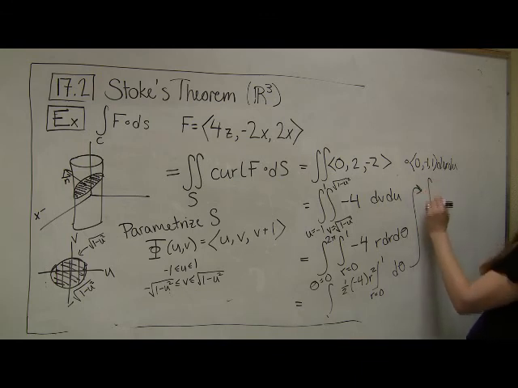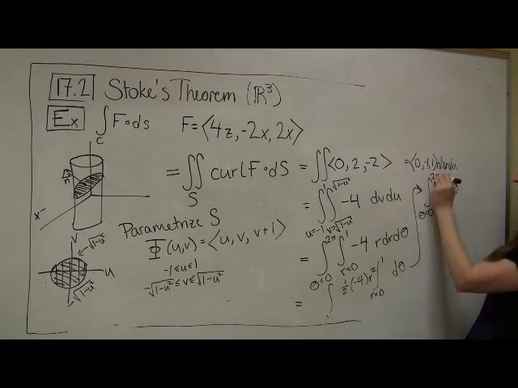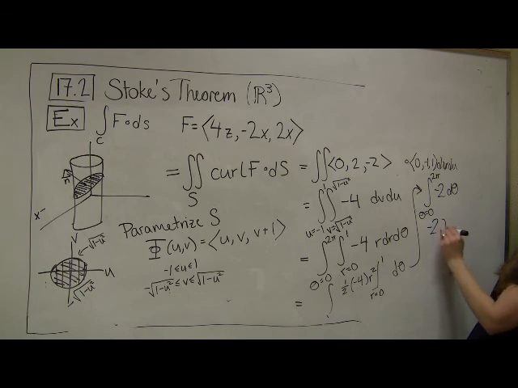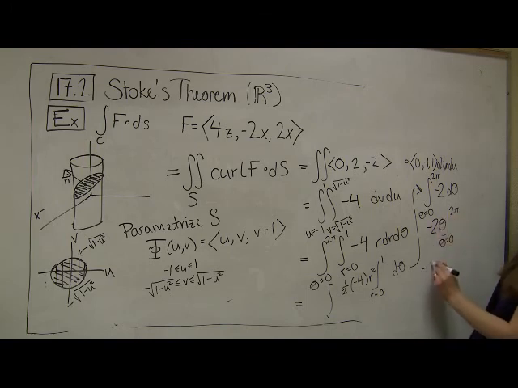Finishing off, we see that finally we have the integral of -2 d theta, as theta goes from 0 to 2 pi. When I integrate this with respect to theta, I get negative 2 theta, evaluated from theta equals 0 to 2 pi. Plugging in 2 pi, I get negative 4 pi. And we're done.